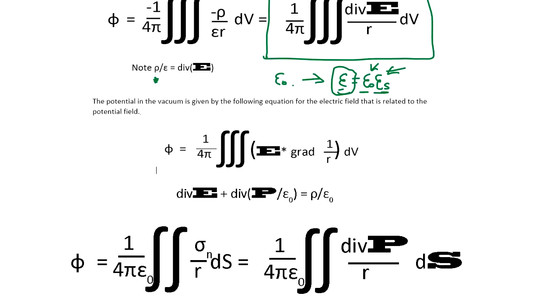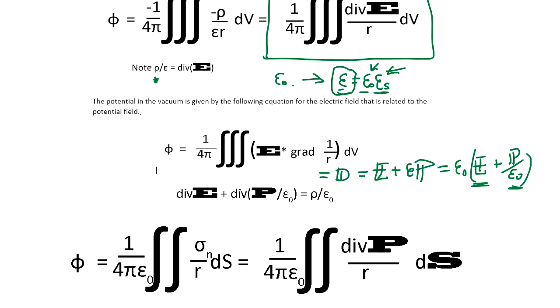Now since E equals E plus, this is D, there are two contributors to the charge.